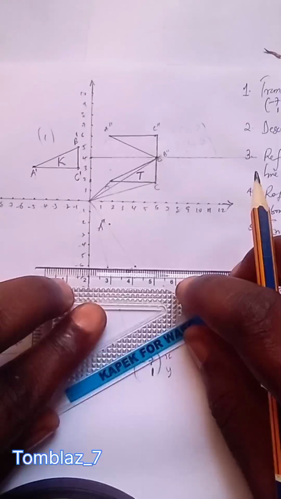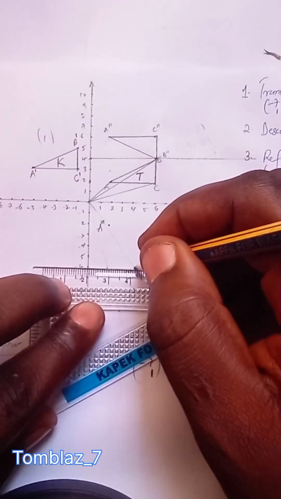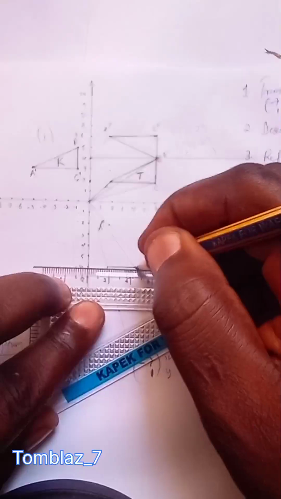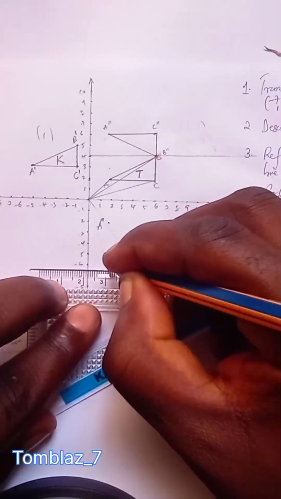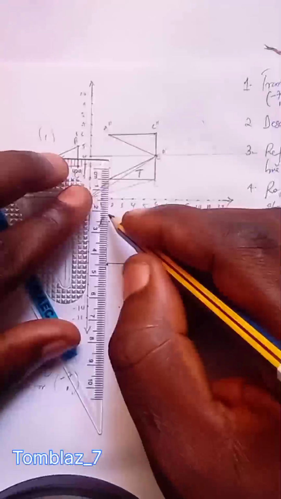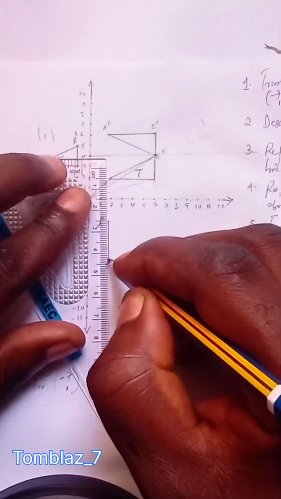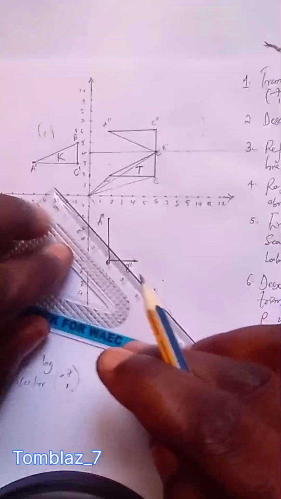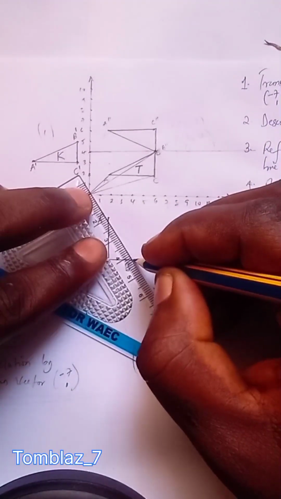Right? So let's connect the triangles together. Okay, so we have this point, then this point to this point. Remember, we are using plain sheet, so there is always room for little error, right?